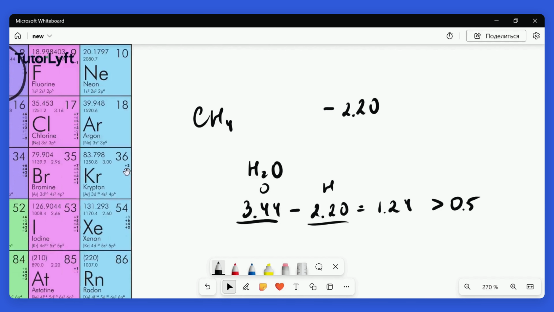The number is right here. Let me move the table. 2.55. All right, and the answer here will be 0.35. Is it bigger than 0.5? No, it's smaller. Therefore, according to the theory, CH4 is nonpolar. That's the major rule for how to see which compound is polar and which one is nonpolar.